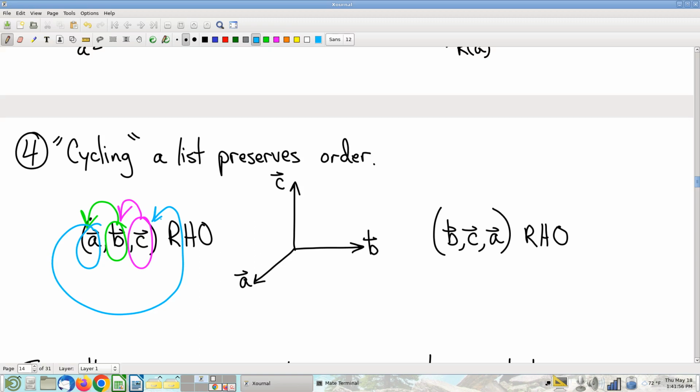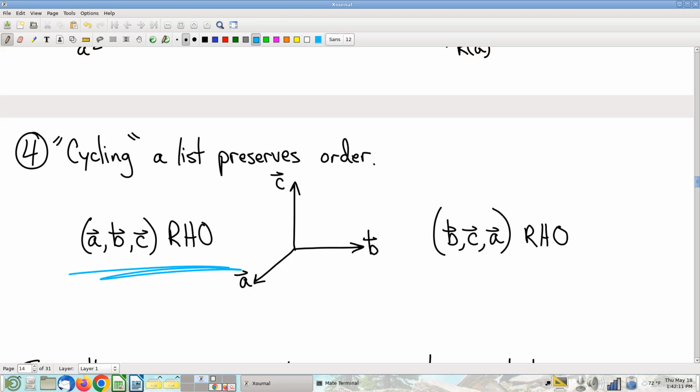So everything moves and then it whips back around to the other side. There isn't really a 2-dimensional version of this. But anyway, the nice punchline is that cycling a list of 3 vectors preserves the order.